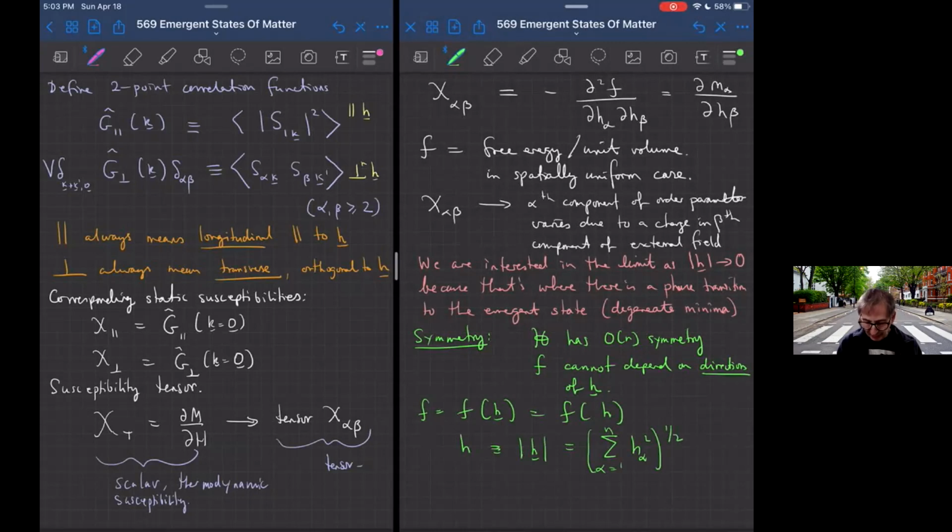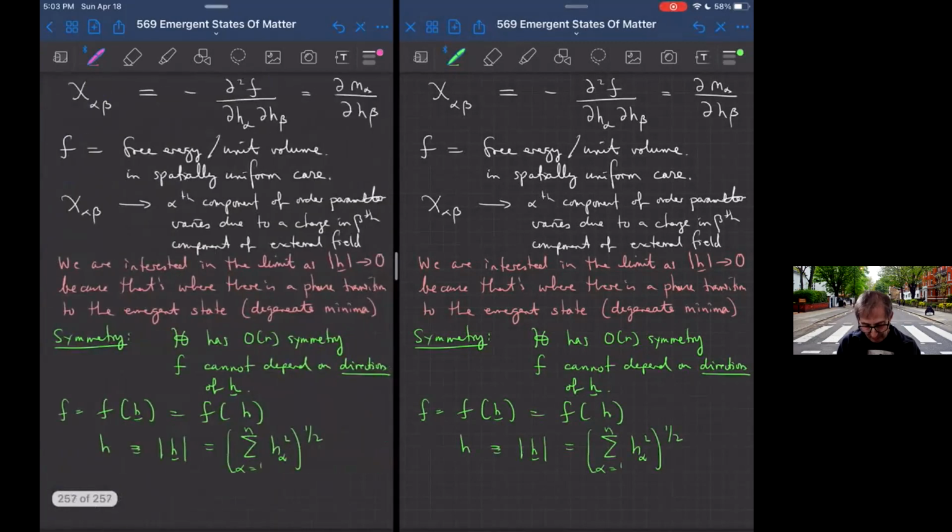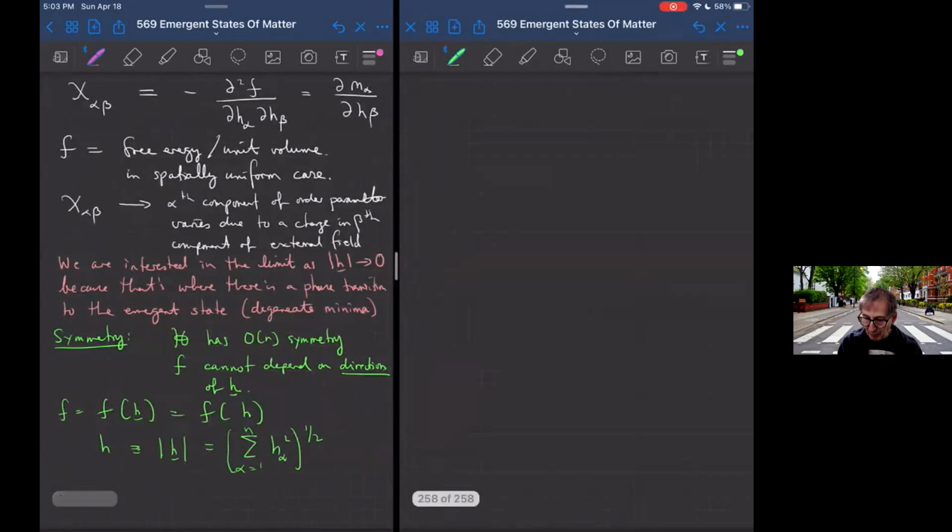So the free energy must depend on that, and we're going to utilize this fact because when we compute the derivatives to compute the susceptibility, we know that everything must finally depend on just the magnitude of H. So now watch for the algebra.